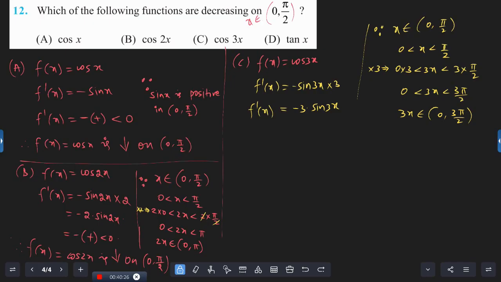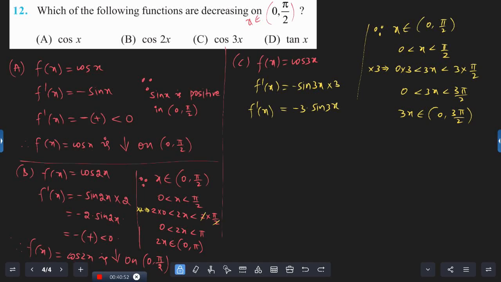Listen carefully. Sine is what? Sine is positive in first quadrant and second quadrant. But what about third quadrant? Negative. So, listen carefully, it will be increasing on first and second, and decreasing on third quadrant. Everybody stop your work, listen to my word.